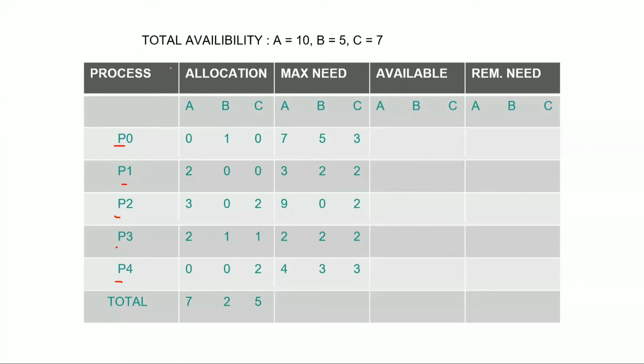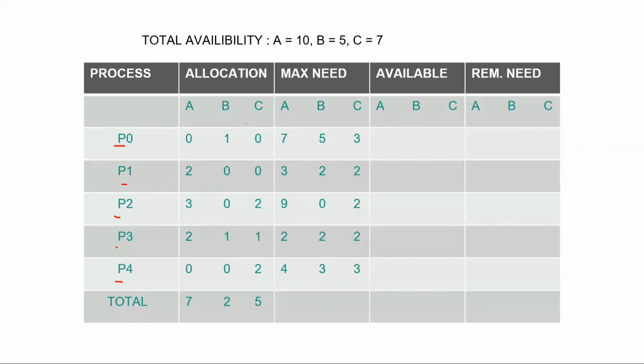So what the allocation block means is, if I have a process P0 and P0 has already been allocated some resources, we have already given 0 instances of A to P0, 1 instance of B to P0, and 0 instances of C to P0. Okay, similarly for all of these. And what process P0 is saying is, to get completely executed, I want 7 instances of A, 5 instances of B, and 3 instances of C. Okay, but we have already given 0, 1, 0.